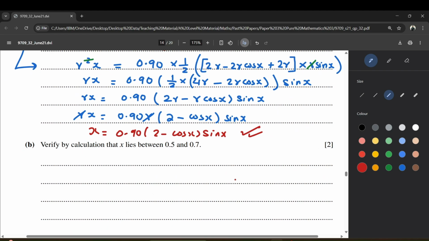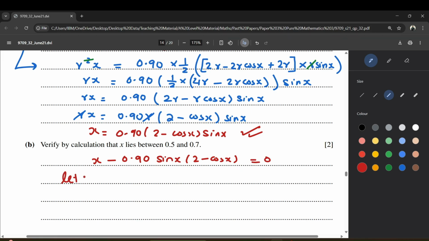All right, now in part B, it says verify by calculation that x lies between 0.5 and 0.7. Now whenever you have to use this form, the first part is to bring everything on one side, and you should have 0 on the other side. So I'm going to bring this entire expression towards the left. So that will be x minus 0.9 sine x times 2 minus cos x equals 0.